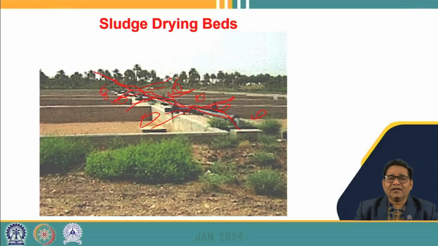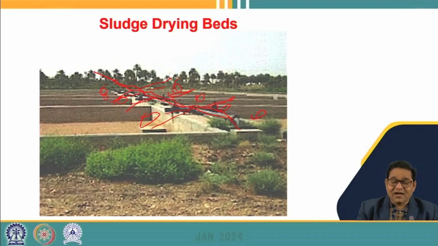Like this, the entire sludge is applied onto the different beds, and then it is allowed to filter the water, and the top layer of the sludge, which gets deposited on the top layer of sand, gets dried, and then finally it is excavated and taken out of the sludge drying bed so that a fresh layer of sludge can further be applied.